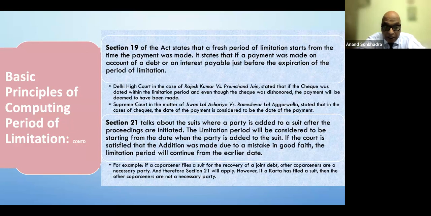So in the first example, the limitation period is from the earlier date, the date of filing. In the second, where they are not a necessary respondent and can be added subsequently, the limitation will begin from the date they have been added as a party to the suit.